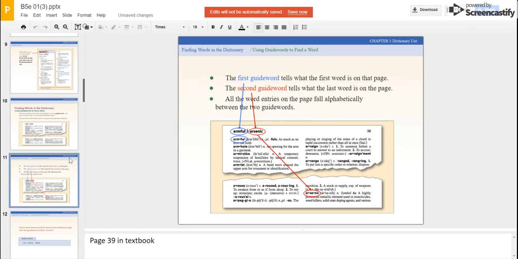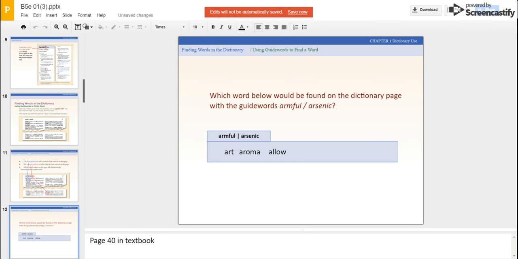Let's look at the example here. It says, which word below would be found on the dictionary page with the guide words armful and arsenic? So we know that the first word on the page is going to be armful, and the last one is going to be arsenic. All the words on this page are going to start with AR.